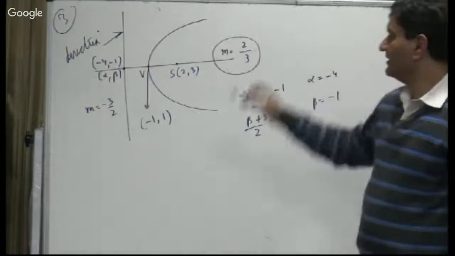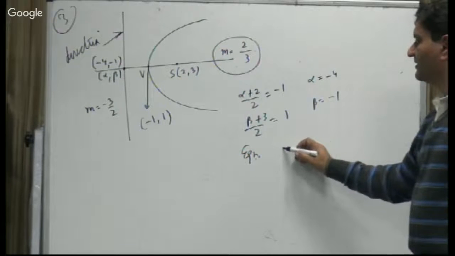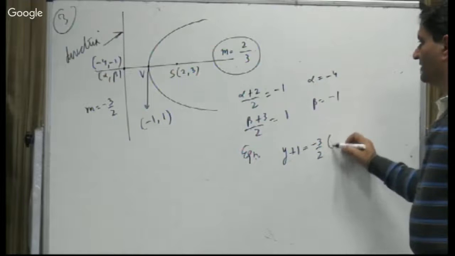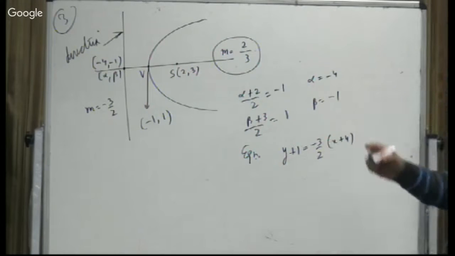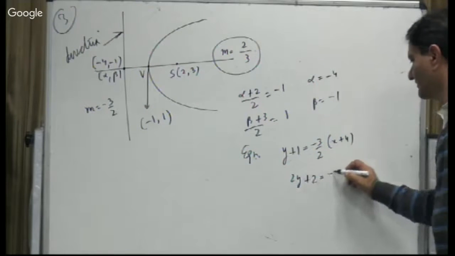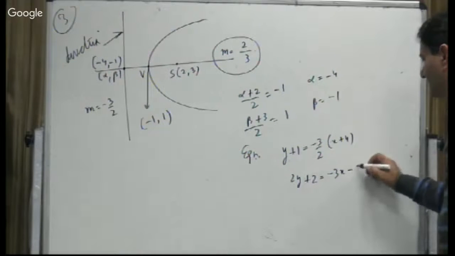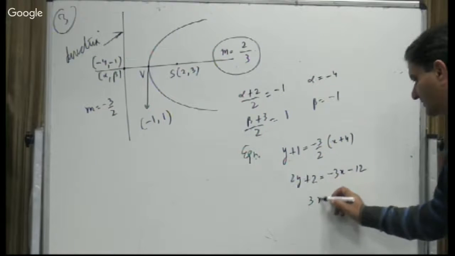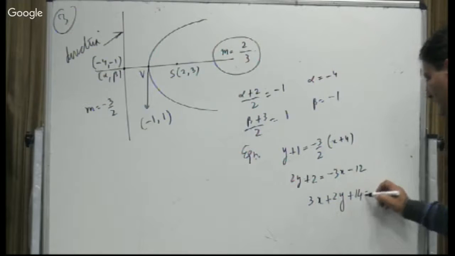Now the equation will be y plus 1 is equal to -3 by 2 into x plus 4. This way you can find it faster. So 2y plus 2 is equal to -3x minus 12. So the equation finally comes out to be 3x plus 2y plus 14 equal to 0.